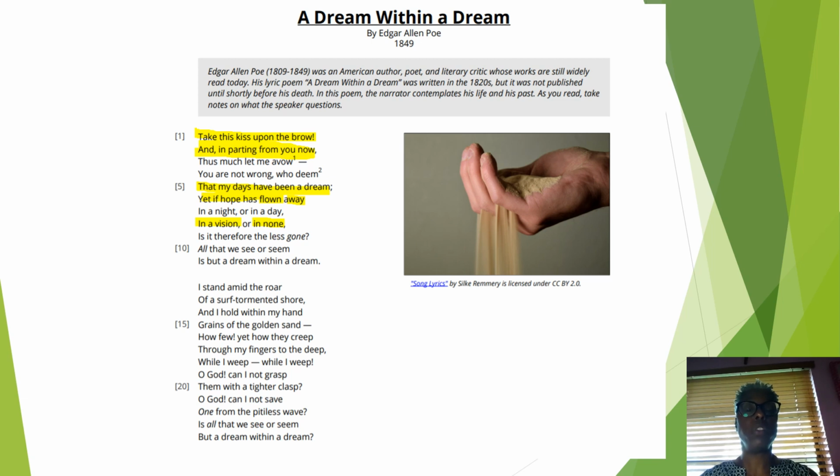Normally when we have a vision of something and then it's gone, we forget about it. Sometimes it's even hard to recall the vision after it has gone away. Then he asks the question, is it therefore the less gone? So I believe he is saying that hope is all anyone has to keep them going and never give up. Although he will never see this person again, he will continue to hope.